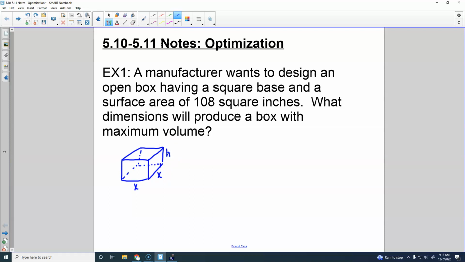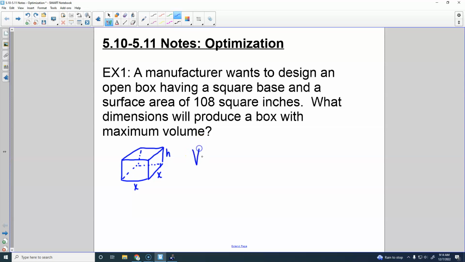So for pretty much all of these problems, you're going to have two equations. You're going to have the equation that you actually need to maximize, and then a second piece of information that you can use that you're going to have to plug into that equation. So what are we trying to find the maximum of? Volume, maximum volume.